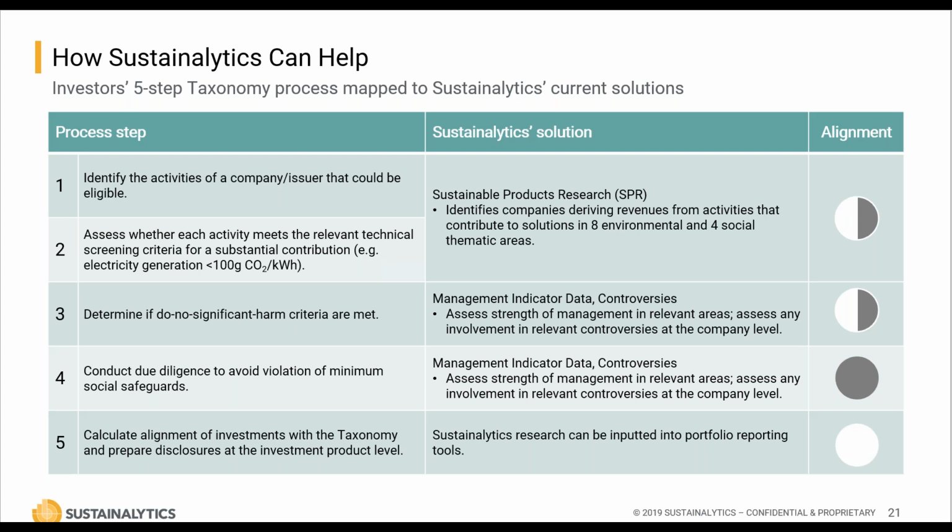And indeed, within the EU context, about 70% of the do no significant harm criteria can be met through compliance with EU regulations. For the most part, this process will focus on company level information and assessment. And again, Sustainalytics research can help. We track a variety of relevant environmental management indicators, as well as company involvement in relevant controversies, which, among other things, track incidents of poor management and of non-compliance.